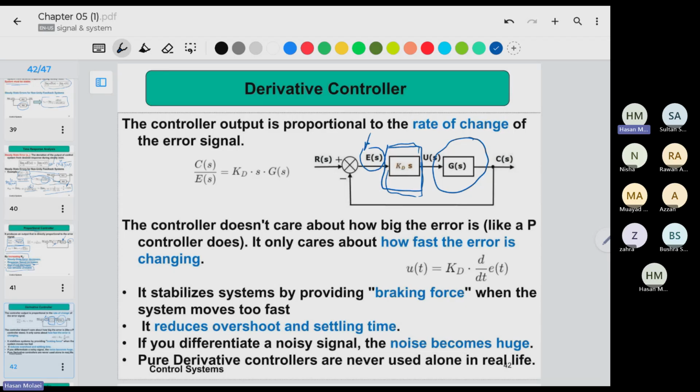But if the error is varying fast, then this derivative sees the variations, amplifies them and gives them to the system. So overall, this improves the stability of the system, because when the error is settling down, this U of S is not changing too much, right? When the variation is at the very end, it is stabilizing, and doesn't change the system too much anymore.